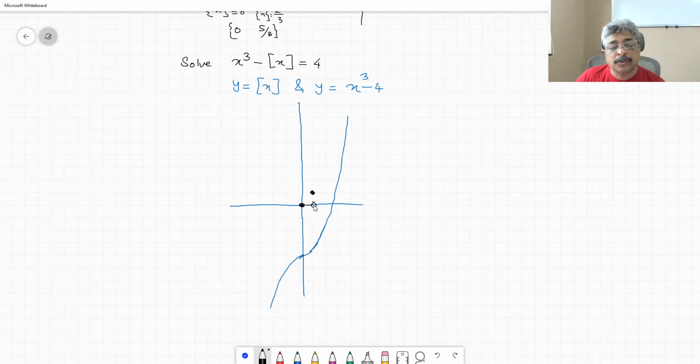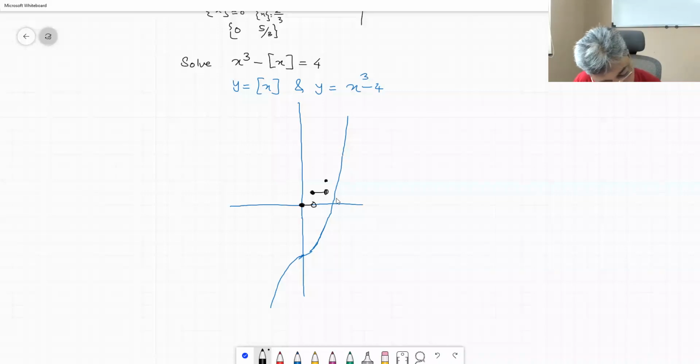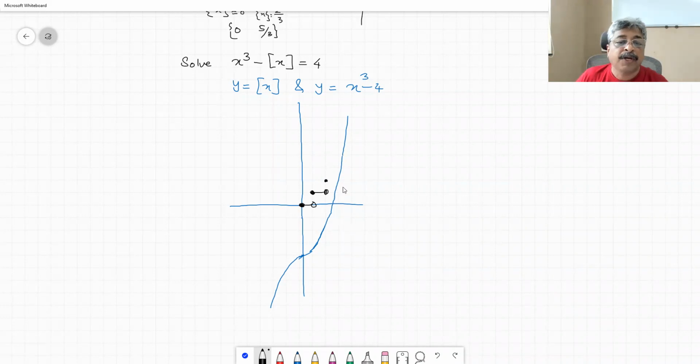I don't know where it is going to get intersected. Eventually we will have to find that.